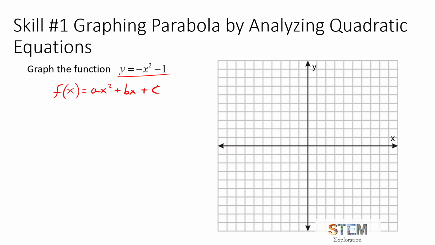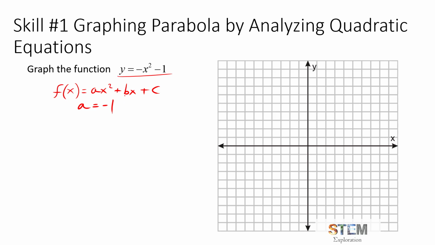Whenever I'm looking at a standard function like this, I want to compare it to the equation that I have and identify what the a, b, and c values are in the context that it's being presented in. So if I look at the x squared term here, I know that the minus sign would represent the a term, and so the a term in this case is equal to -1.